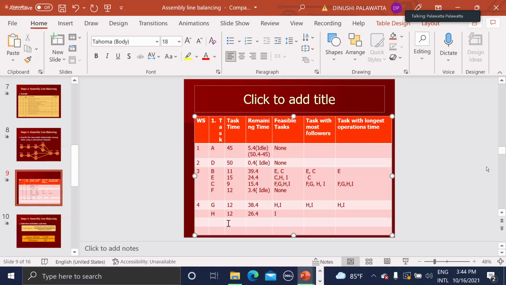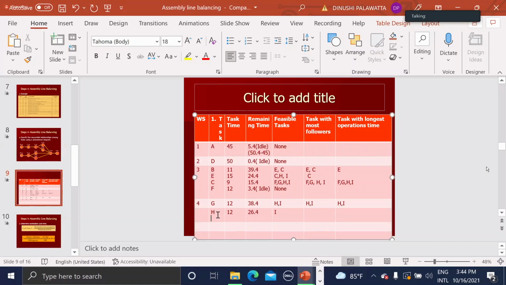So then it's a single task, so we allocate I. Its time is 12. 26.4 minus 12 is 14.4.